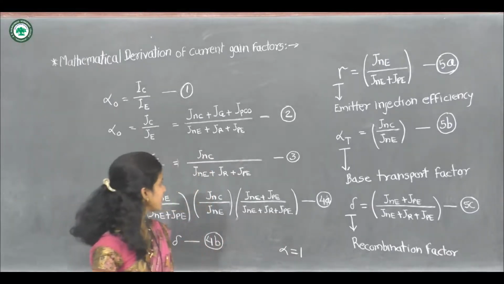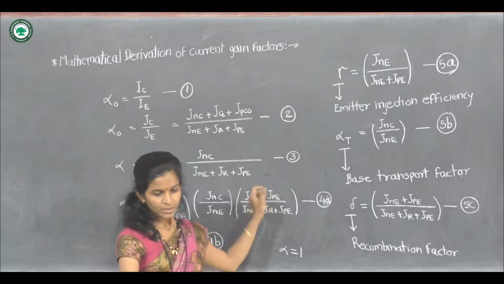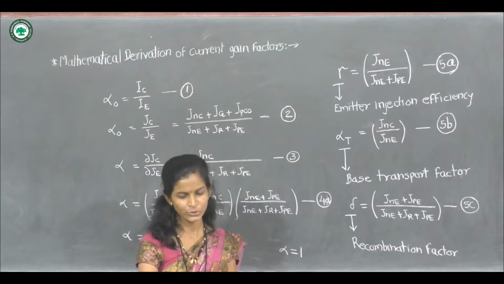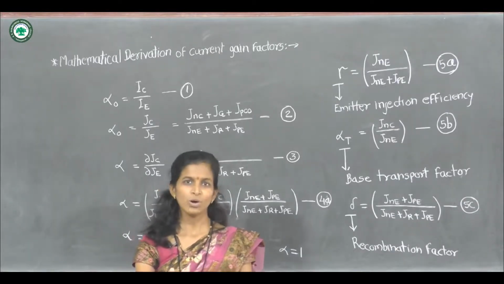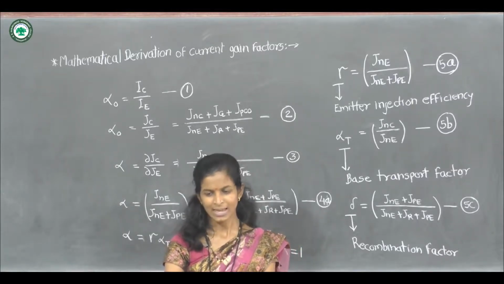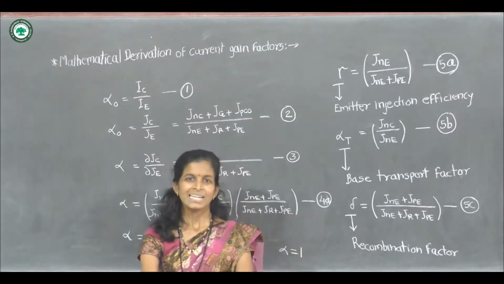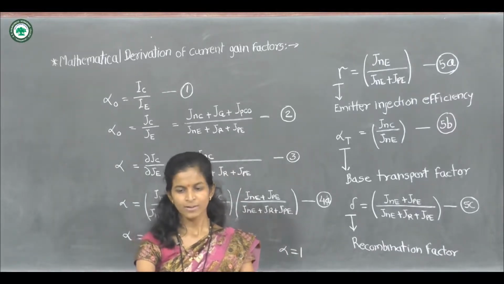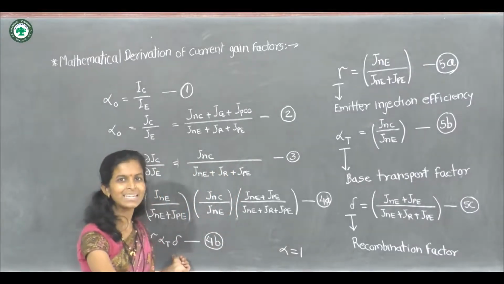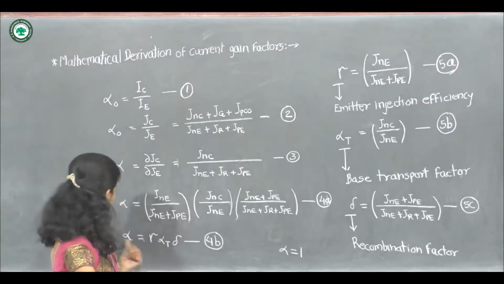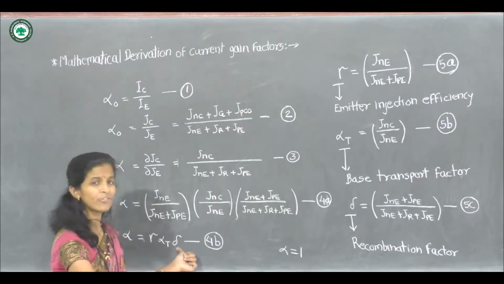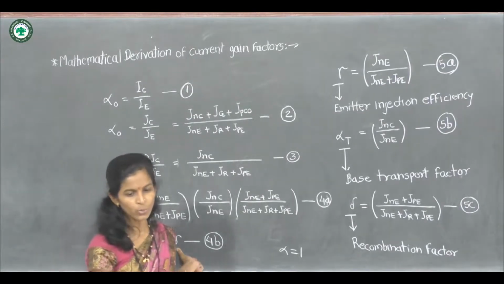However, from equation number 3, it shows that alpha will always be less than unity, and the goal is to make alpha as close to unity as possible. In order to make alpha nearly equal to 1, one should make each and every factor nearly equal to 1.